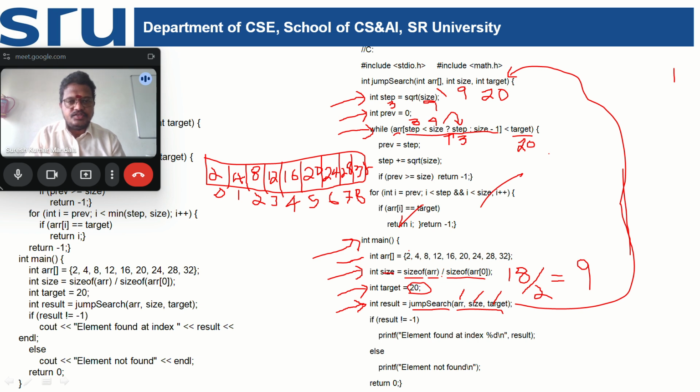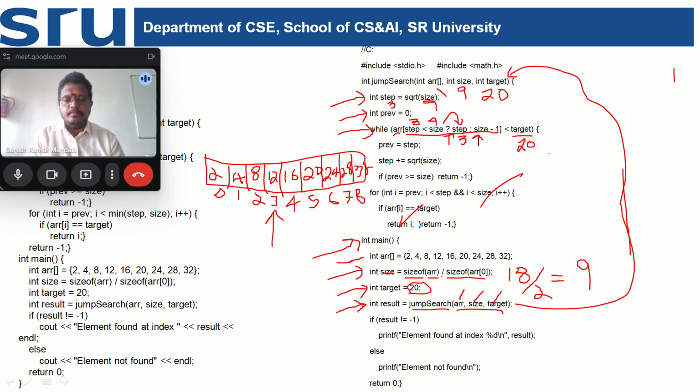If this condition is false, it will execute size minus 1. But here the step is 3, and 3 is less than the size 9, so the condition is true and the step 3 is used, meaning ARR of 3. What is the value at ARR of index 3? If you observe here, ARR of 3 has the value 12.